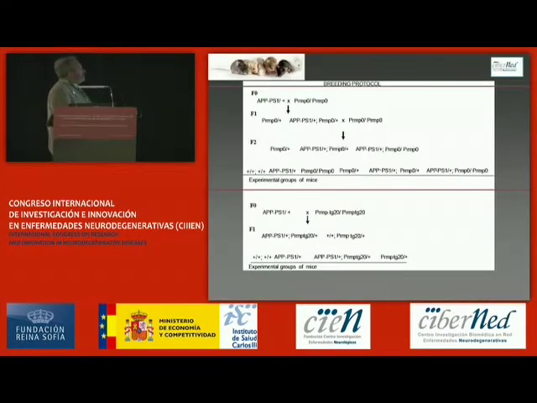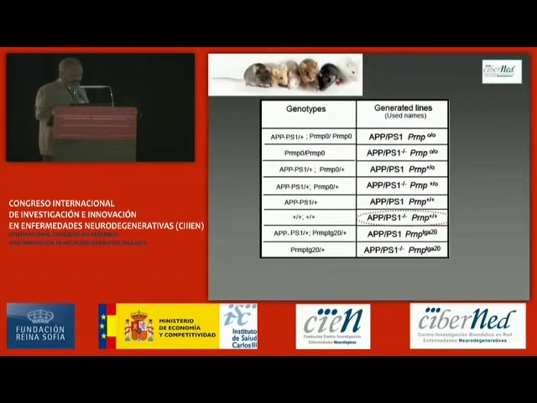So the breeding protocol was that, and we obtained the different mouse combinations, in one case using two different back crossings, and in another only one. This is the mice that we generated. Basically, you have no PrP. This is the knockout for PrP with or without the APP.